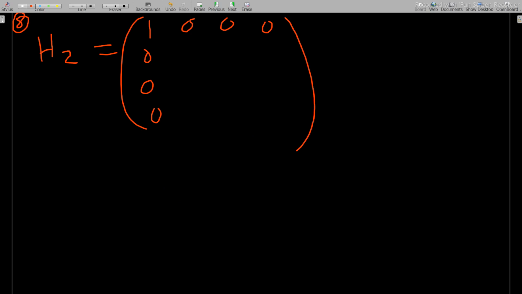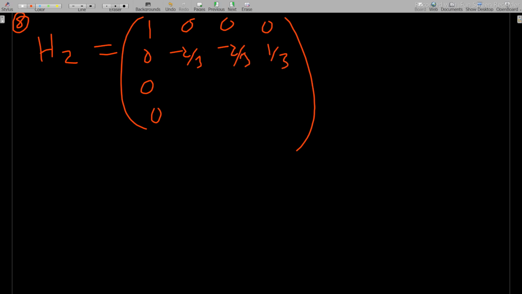So put it here and you get something like negative 2 over 3. The first entry should be here, like I said, okay. So negative 2 over 3, then negative 2 over 3 again, 1 over 3, okay.